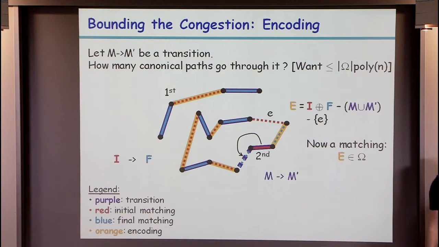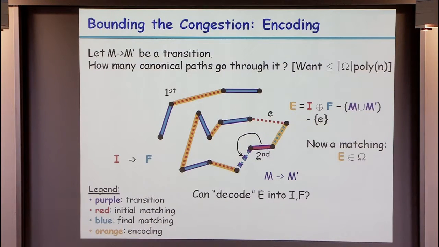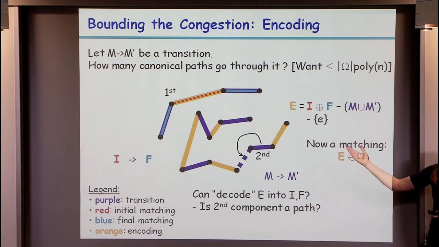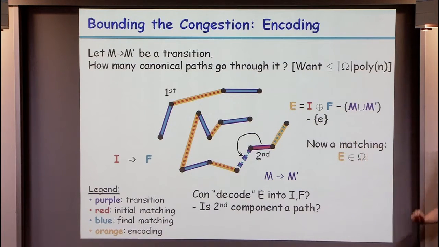So now I have the orange matching, and now I claim that this is good enough, because what I can do, if somebody just gives me the yellow or orange, the encoding in this case, well, I can look at my components. I can figure out who is first, who is second. I can figure out who is blue and who is red in the prior component. I can figure out who is blue or red in my current component.